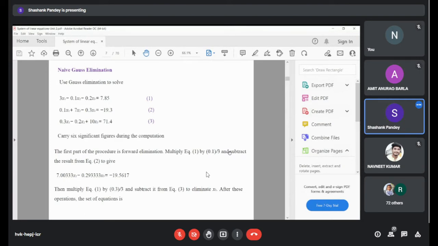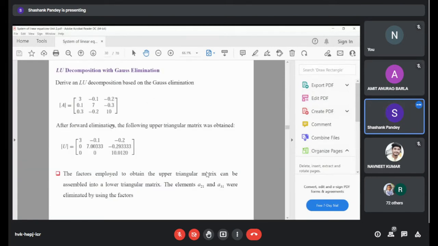Similarly, f31 was the factor which was used to eliminate x1 from equation number 3. So we will denote this factor by f31. In a similar way we can use this terminology for other factors also. So let us go back to our original problem which we are discussing.